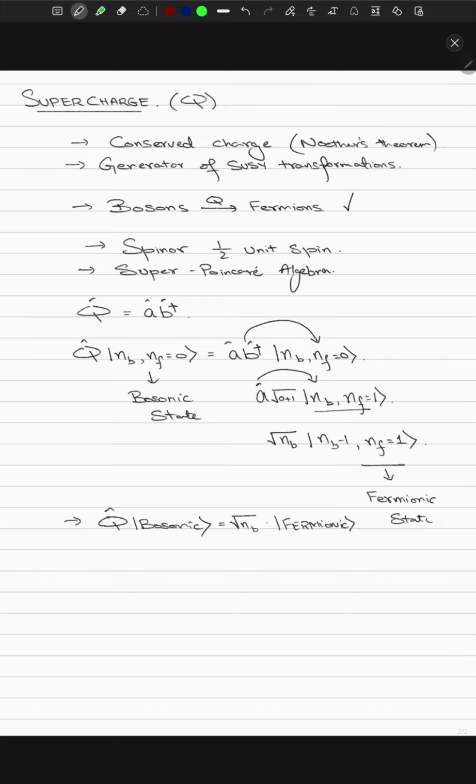Right. So now we have talked about this supercharge. You could also look at what you could call the inverse, or the dagger, of the supercharge, because if you are applying this operator to a bosonic state and going into the fermionic state, there should be an operator as well that, if you apply it to a fermionic state, takes you to a bosonic state, right?